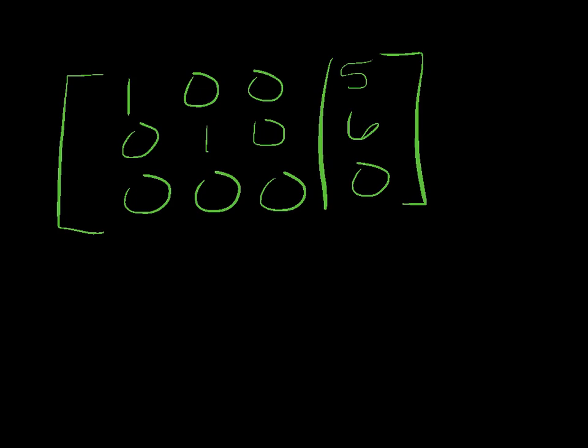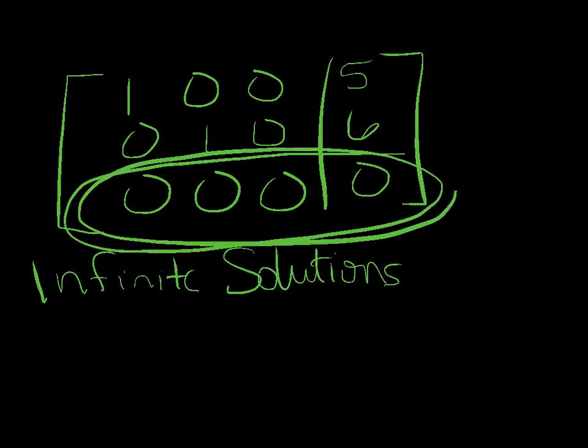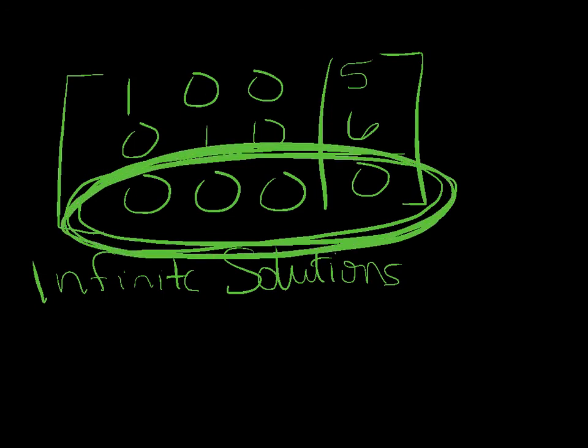That means that Z doesn't have a single solution here. So we don't have a solution for the entire system. We actually have an infinite amount of solutions. We don't have a single solution, we have infinite solutions. So just as we had our system where we had a false statement in that last row, if we end up with a true statement like 0 equals 0 in that last row, that's going to be infinite solutions.